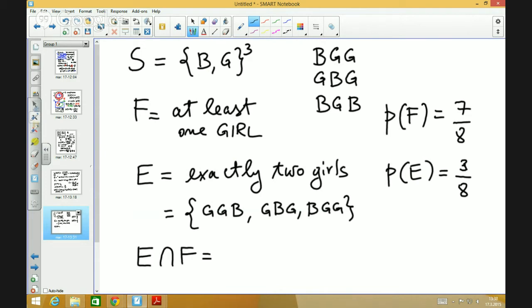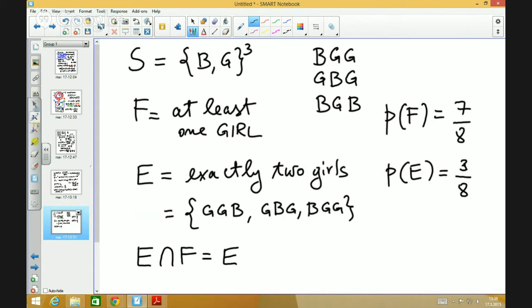So this is actually the same as E, isn't it? Because every family that has exactly 2 girls has at least 1.